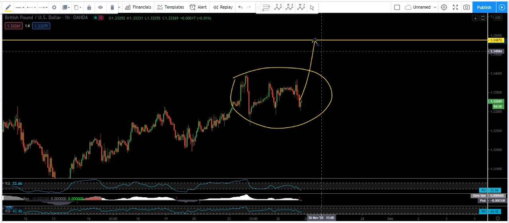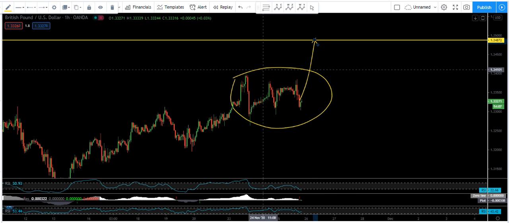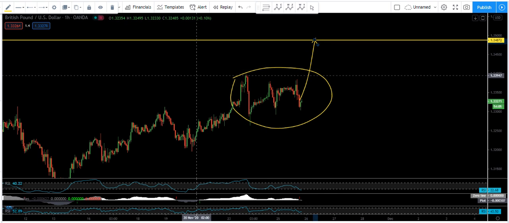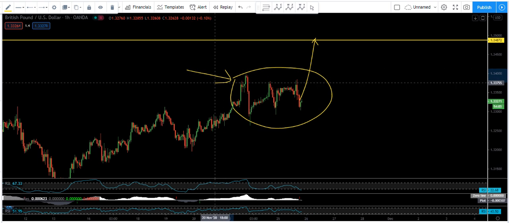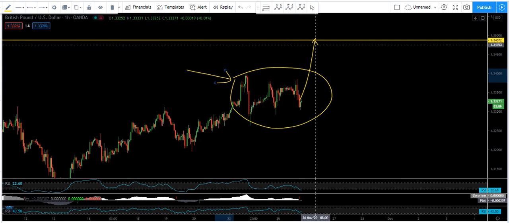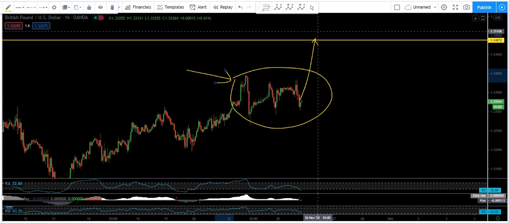Anyway, as I explained, we just follow the market, follow the chart, and see what we get from here. If we get the buy, we just need to bear in mind that when the price comes to this high, we need to start to manage it, whether the price can break this top and continue or not.